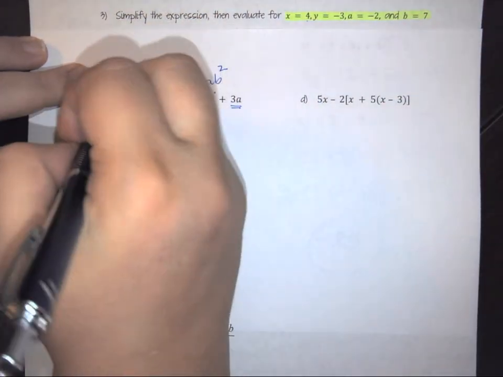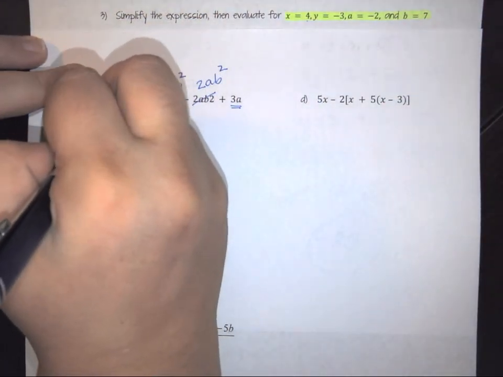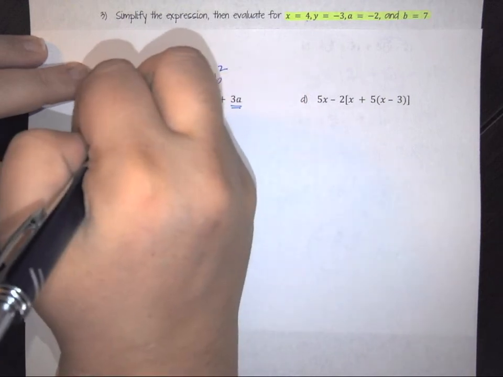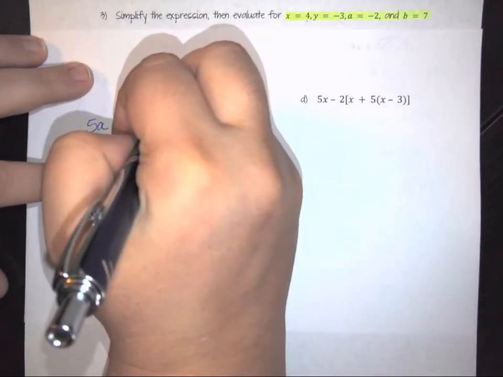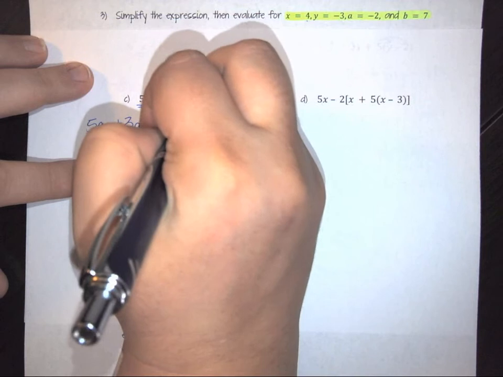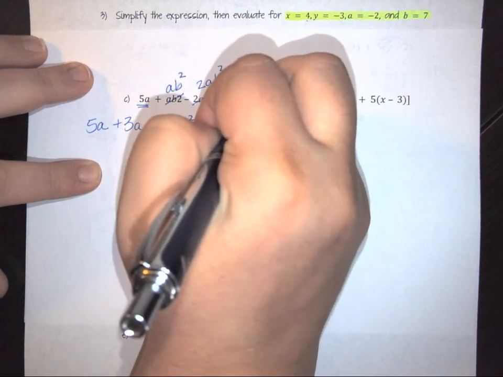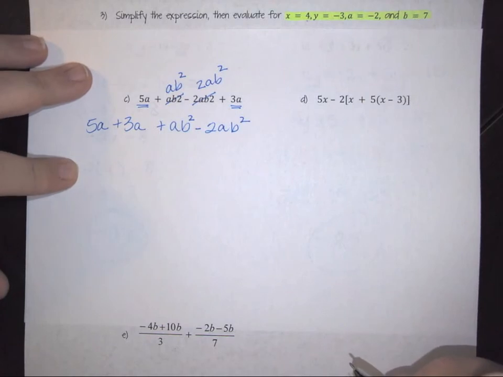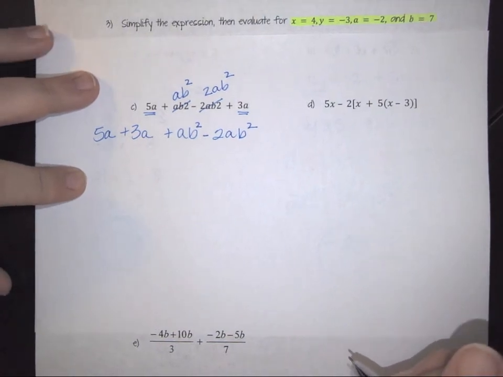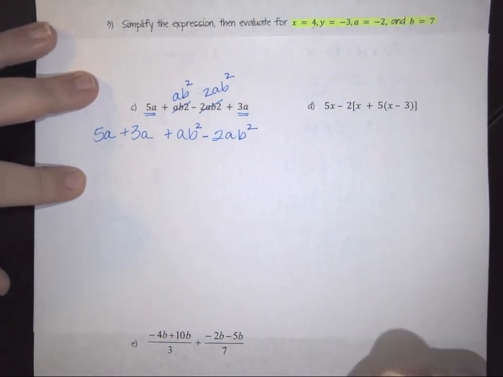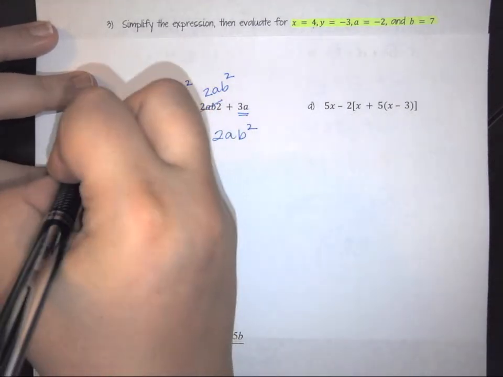So I'm going to combine my terms: 5a plus 3a plus ab squared minus 2ab squared. I always find it easy to combine all the way first and then plug my values in, so I'm going to go ahead and do just that.